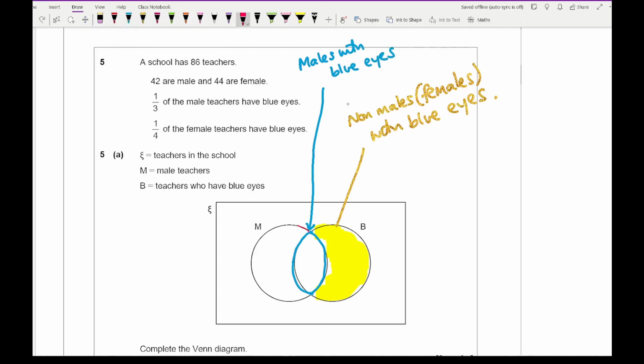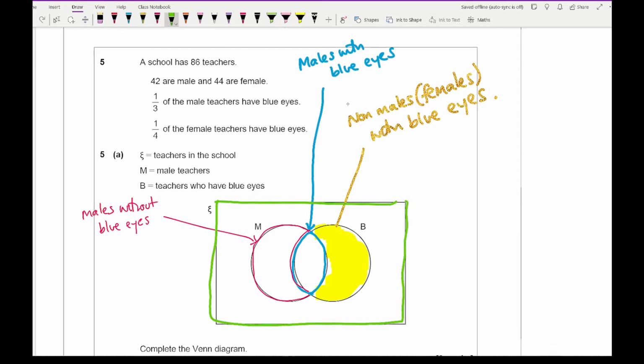And this region here are males without blue eyes, and this outside region is going to be females without blue eyes. So that's each of the sections of this particular Venn diagram.